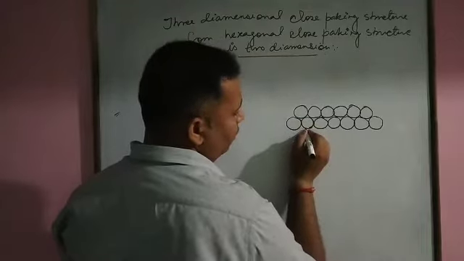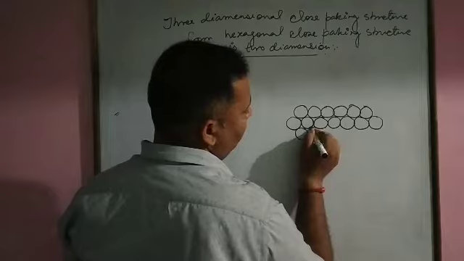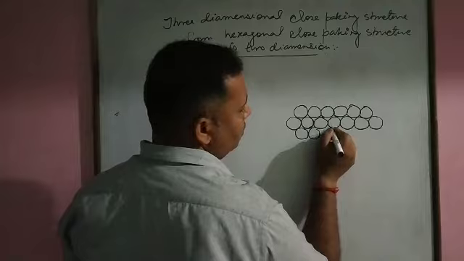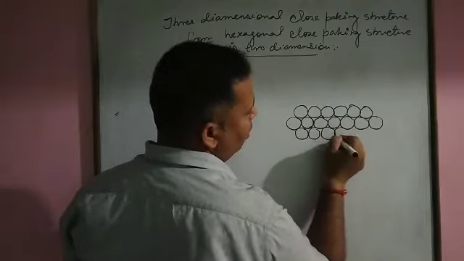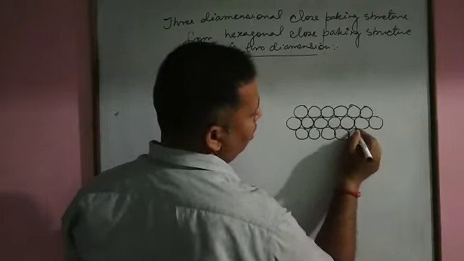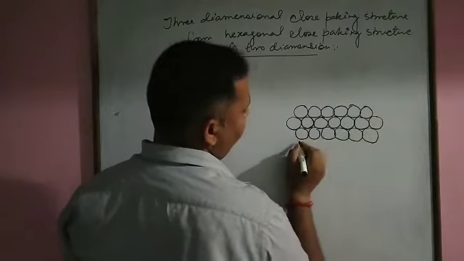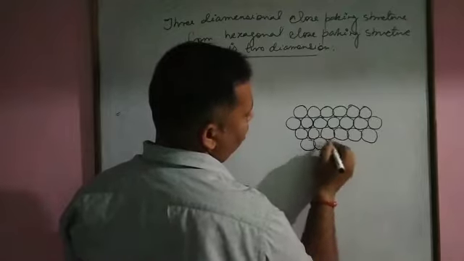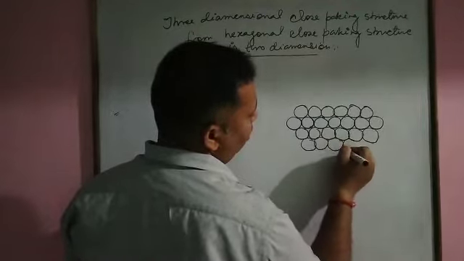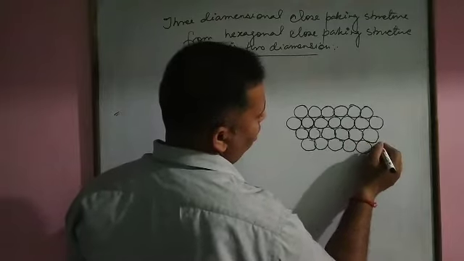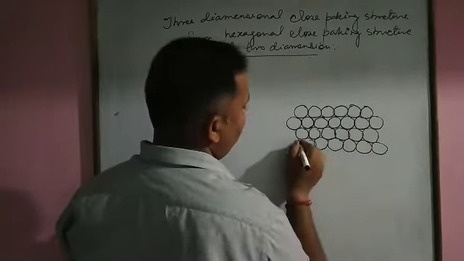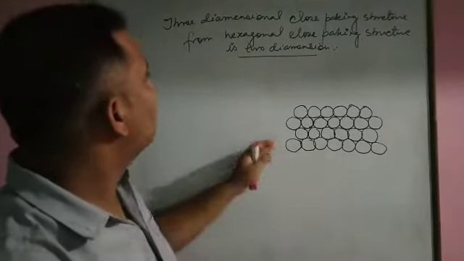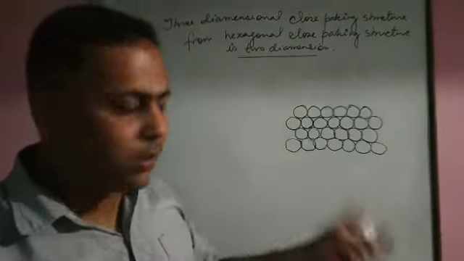If we place the atoms of the second row in the depressions of the first row, it is like this. Then this is termed hexagonal close packing structure.